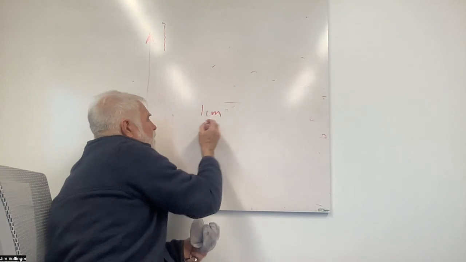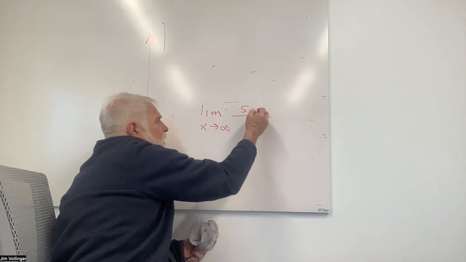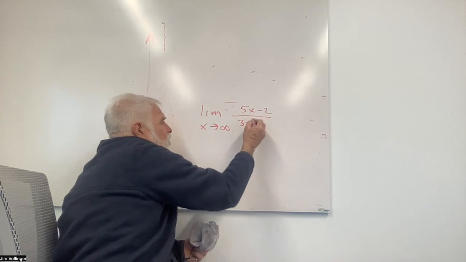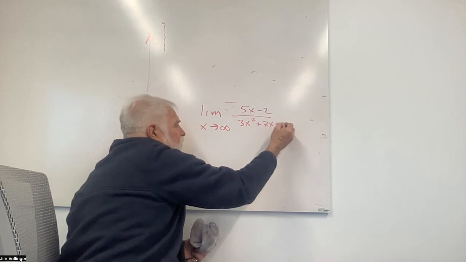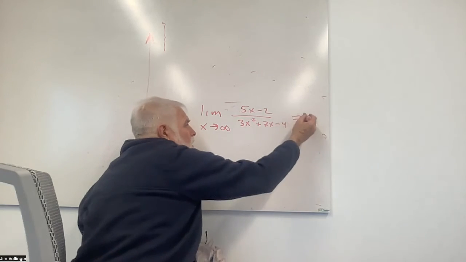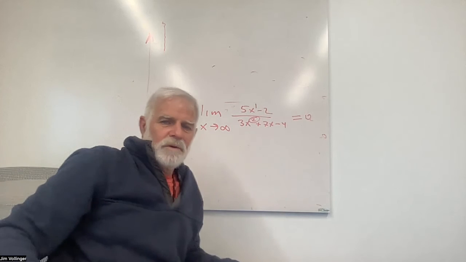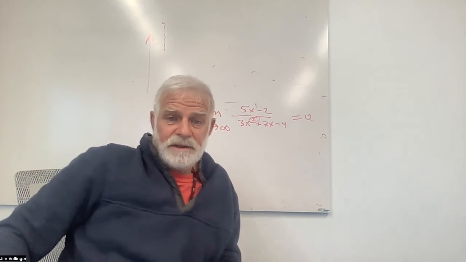So I guess I've got one more here. What's the limit as x goes to infinity of 5x minus 2 over 3x squared plus 7x minus 4? I hope, pause, okay, 0. Why? The exponent in the denominator is bigger than the one in the numerator, which means it's just like the previous problem.